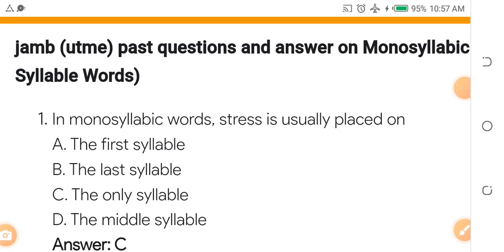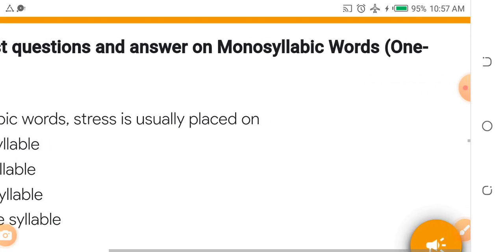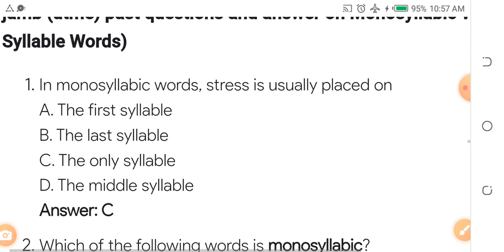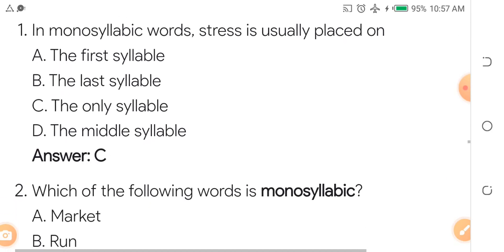Question number 1. We are looking at monosyllabic words, one-syllable words. In monosyllabic words, stress is usually placed on dash. Monosyllabic means only one syllable.